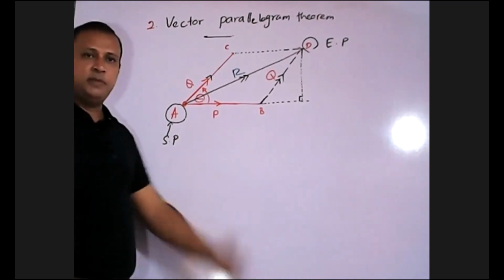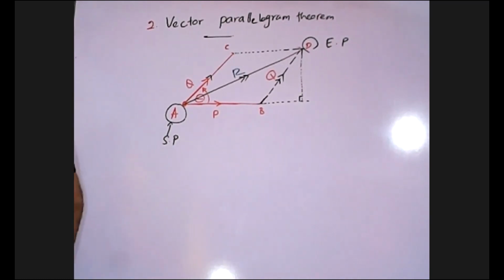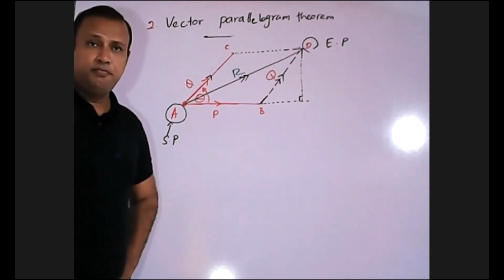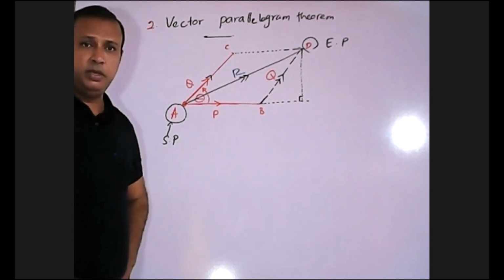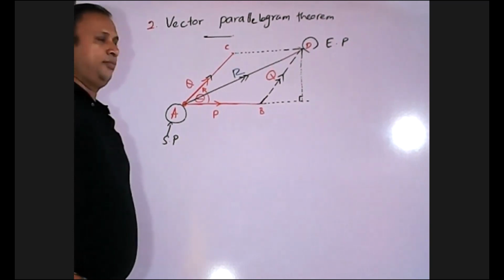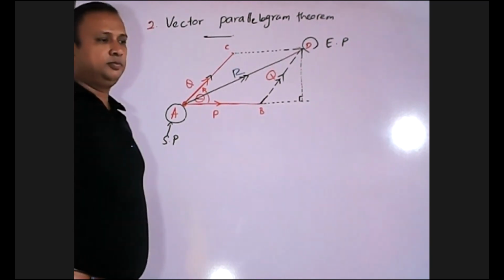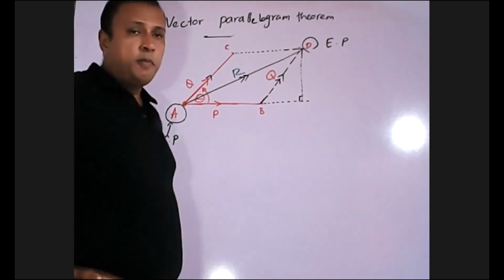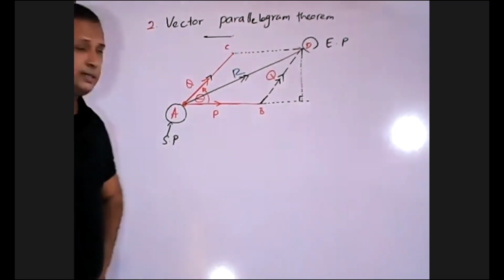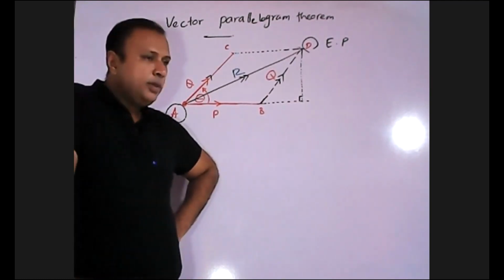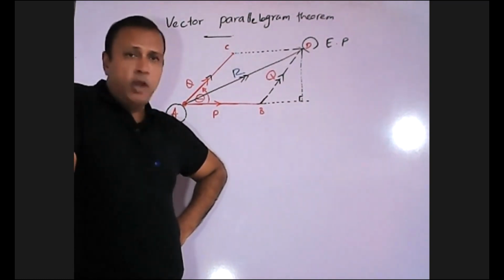Okay, right under this diagram: suppose P and Q are two coplanar vectors acting at the same point.